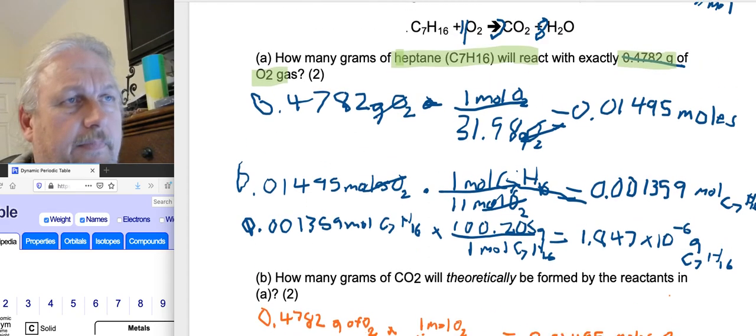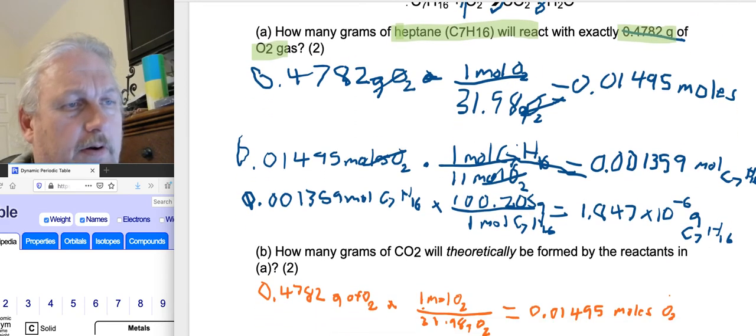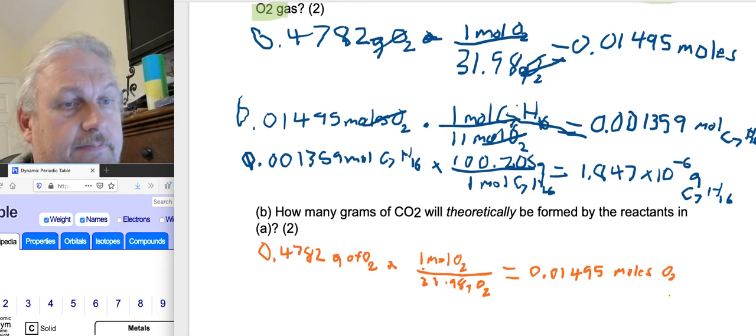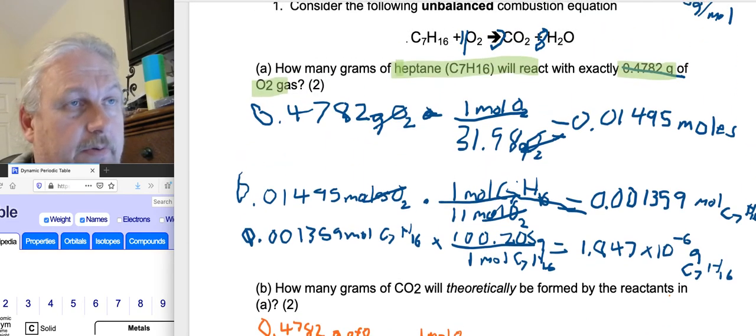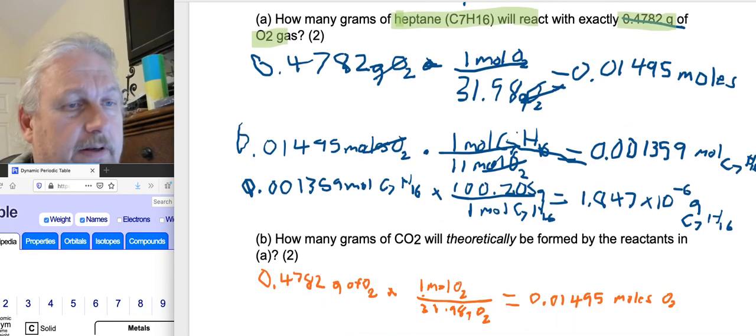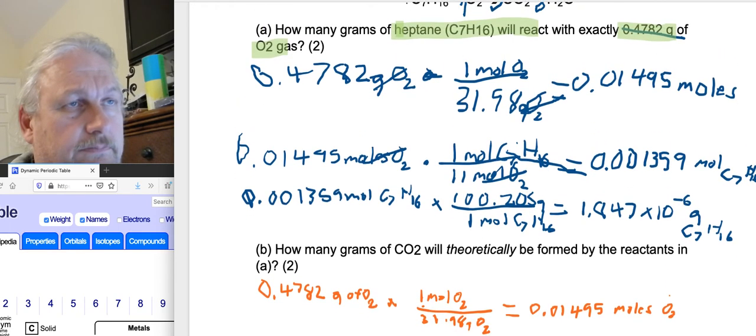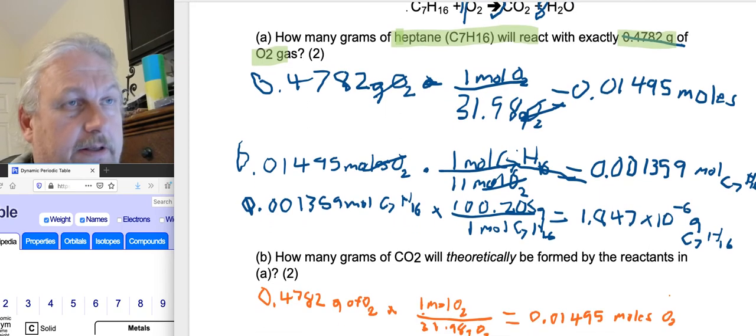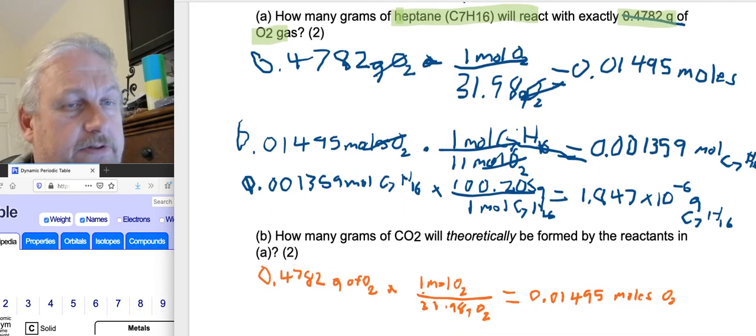It's asking for the amount of CO2 we make. So let's see what we got: 11 moles of O2, and we had 7 moles of CO2.